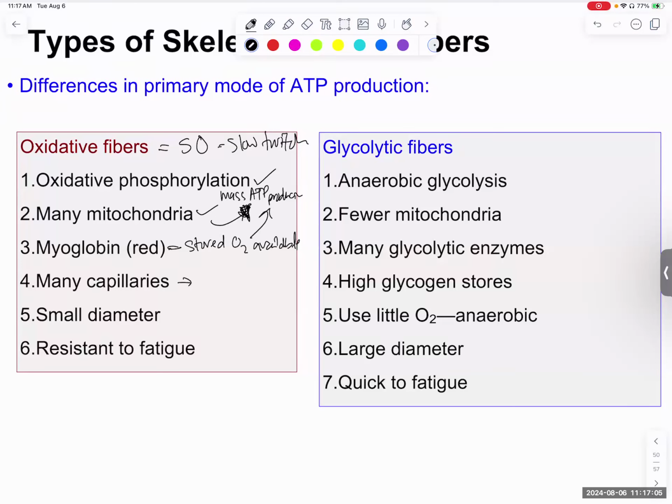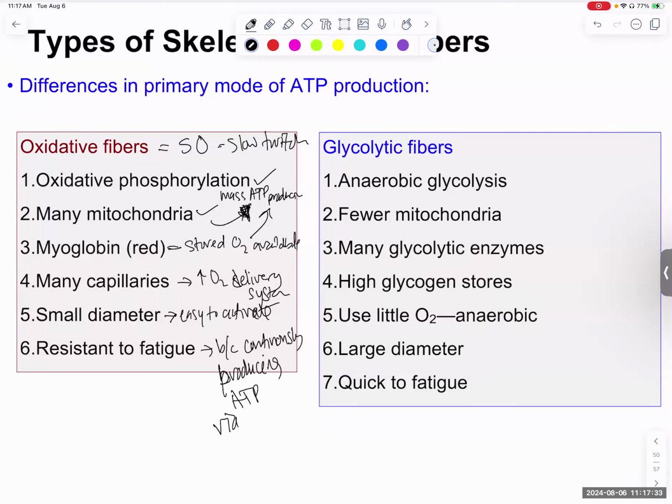They have many capillaries, so a high oxygen delivery system. They're small in diameter, so they're easy to activate or recruit. And they're resistant to fatigue because they're continuously producing ATP via oxidative phosphorylation. So you don't have lactic acid buildup.